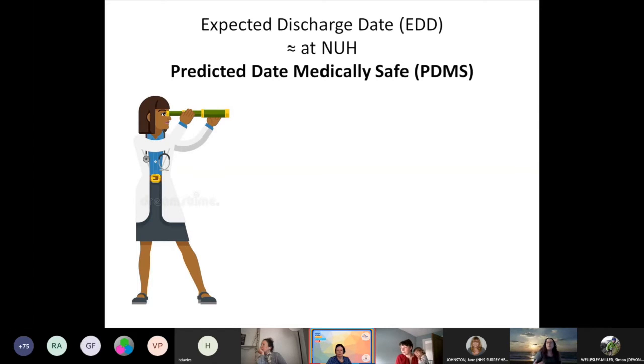So they need to move on to another care setting as necessary, or home otherwise. I will use these interchangeably because the date that the patient becomes medically safe is the date they should be leaving hospital. So that is the discharge date. Apologies if I mix those terms up, but basically when I say predicted date, I mean either of those.